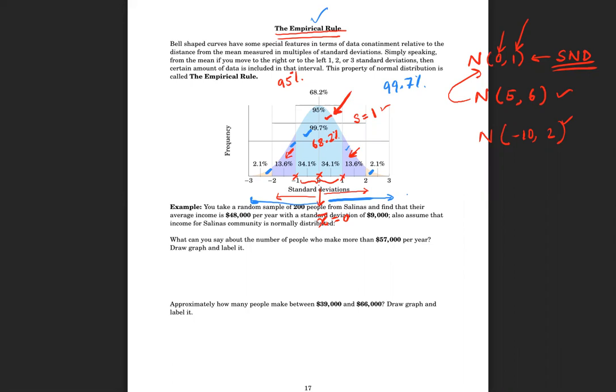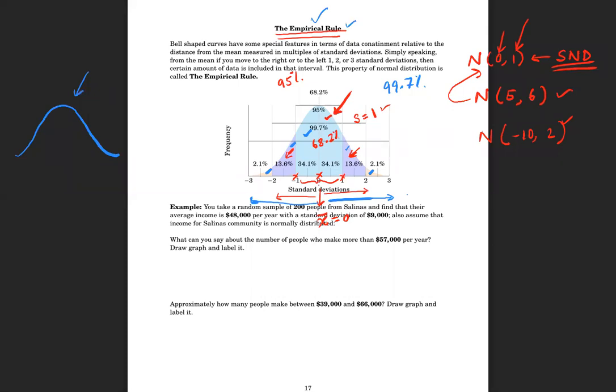The empirical rule applies only to a data set that is bell-shaped or normally distributed, also known as Gaussian distribution. It does not apply to other distributions or other shapes. Only this shape you can apply the empirical rule.